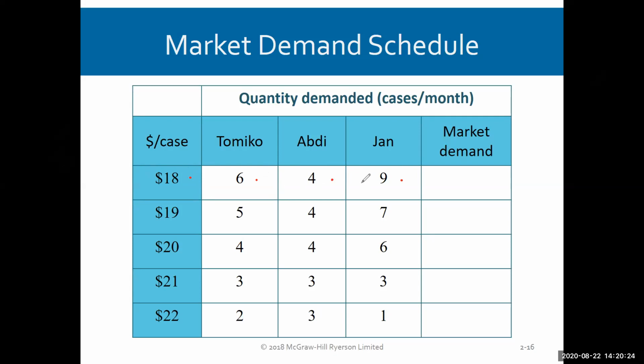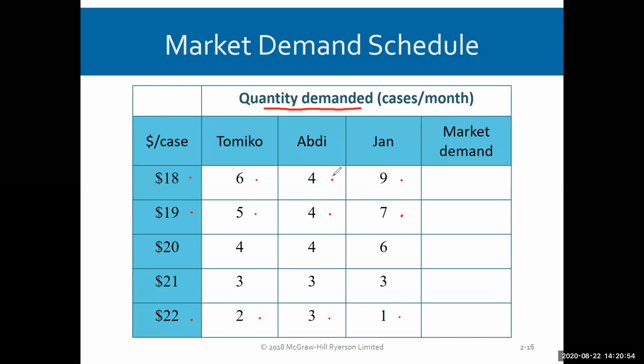So I want to point out something. There are 3 quantities demanded here, 6, 4, and 9, and they're all related to the price of 18. So when the price goes up to 19, Tamika says, oh, I'll buy a little bit less. Abdi will still buy the same, and Jan will buy a little bit less. The price keeps going up all the way to 22. Tamika says, hold on, I'm only buying 2. Abdi says, yeah, I'll reduce mine to 3. And Jan says, I'm only getting 1. That's just too expensive for me.